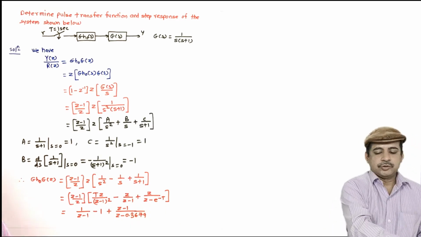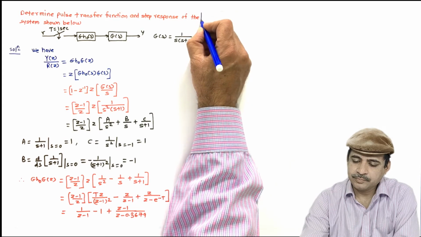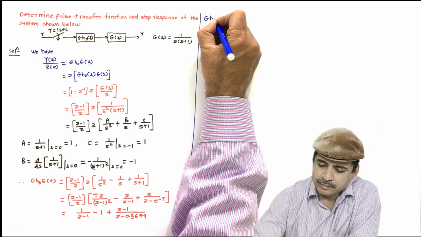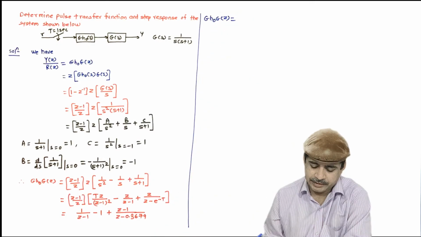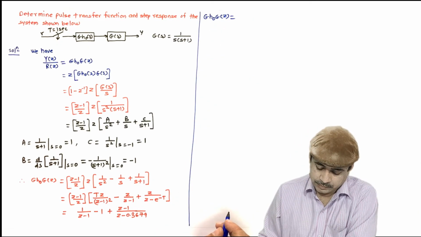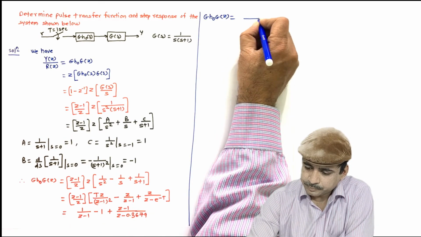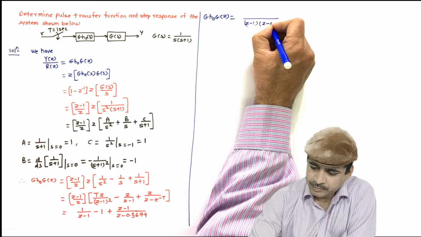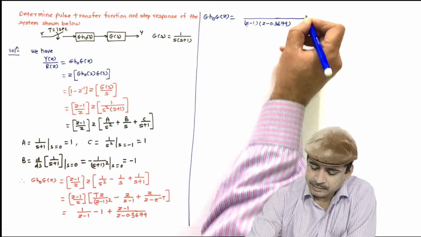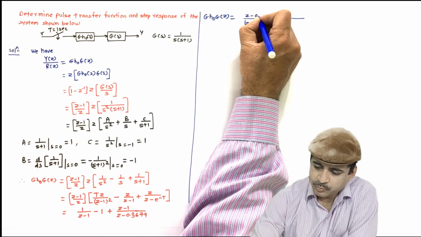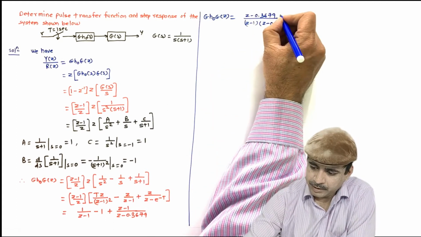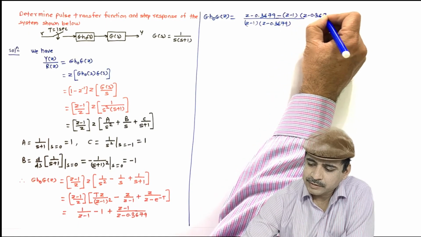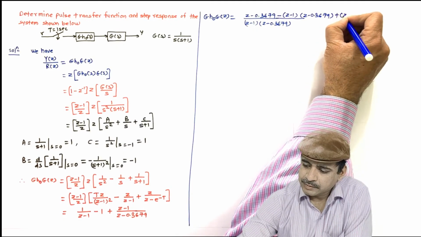So I come up to this, and then upon simplification we get GH0 G z will be equal to, upon taking LCM, z minus 1, z minus 0.3679, and here this will be z minus 0.3679 minus z minus 1 into z minus 0.3679 plus z minus 1 square.